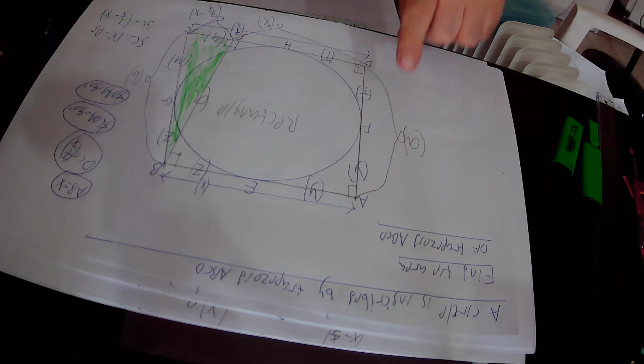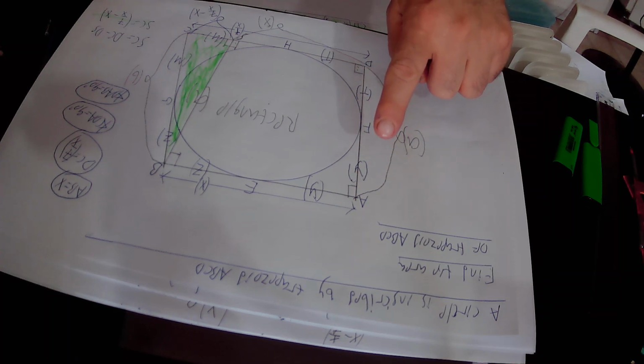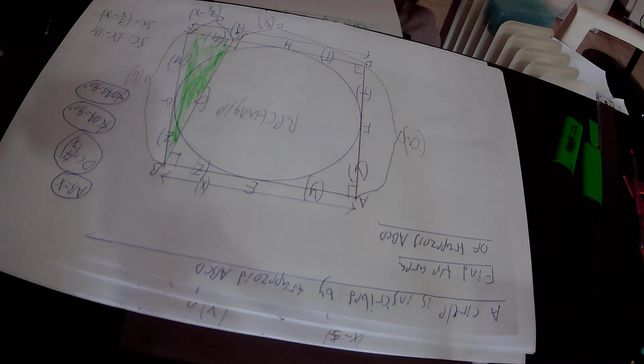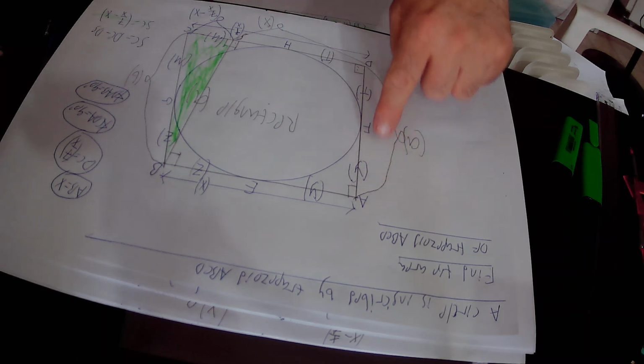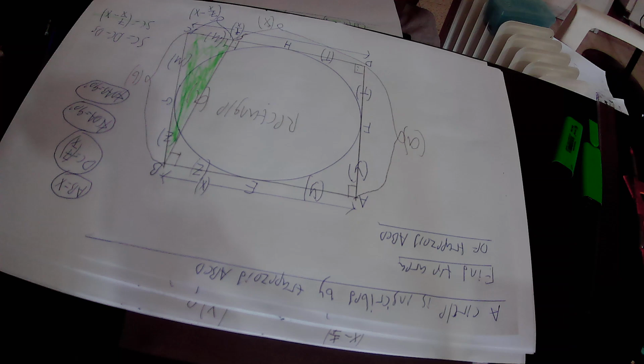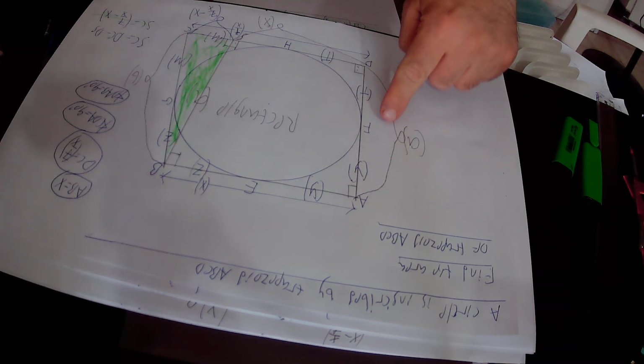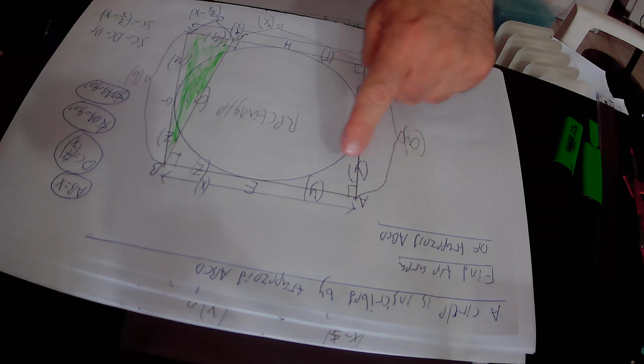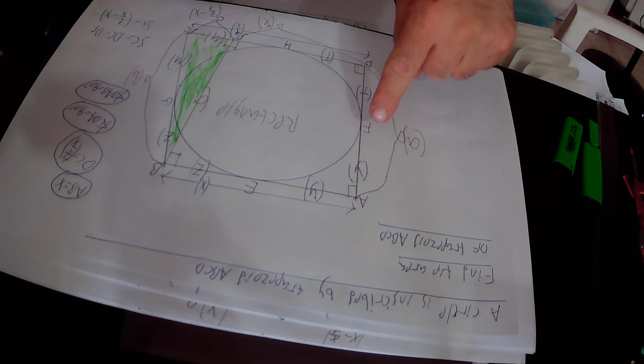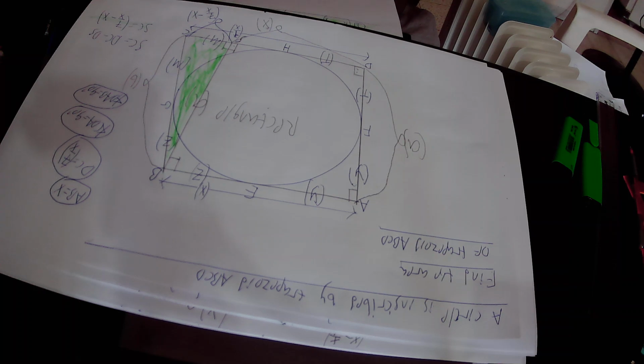From point A, we have two tangents to this circle: tangent AF and tangent AE. According to rule 2, AF equals AE. So if we define the length of tangent AF as y, then the length of AE must also equal y.